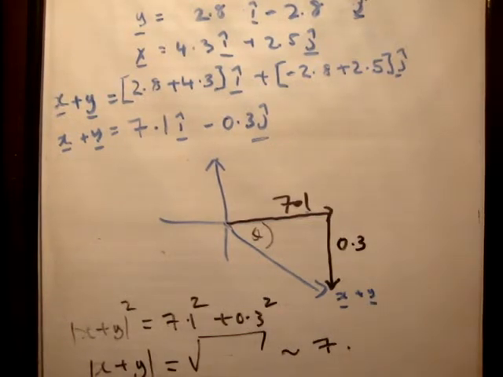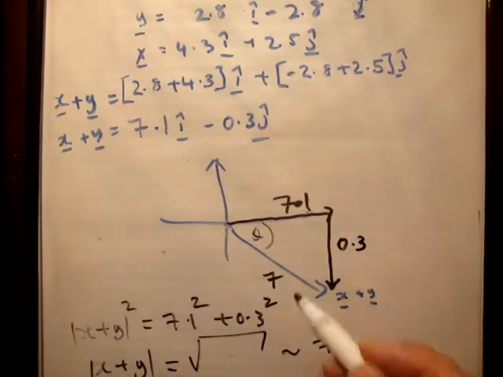Is that right? I'm just going to do it all the same. Yeah, 7.1, so it's approximately 7. So this is approximately 7 units here.